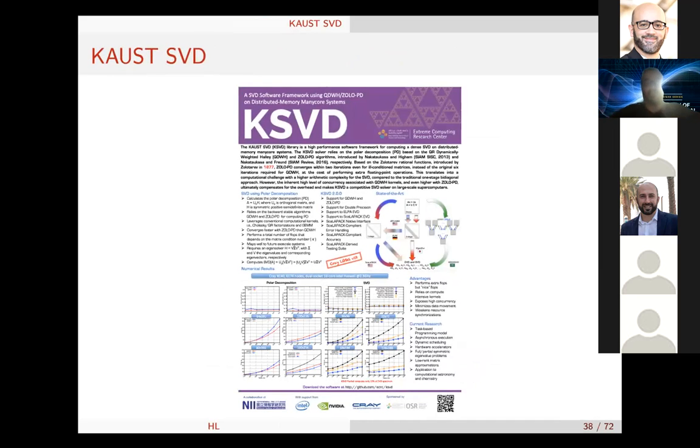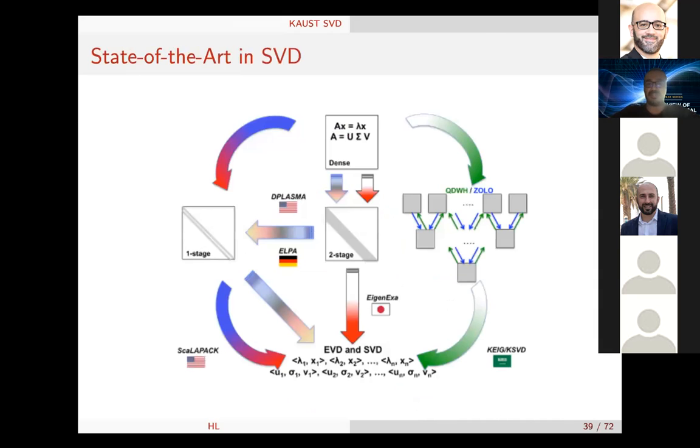Another example, we also implemented KAUST SVD, singular value decomposition. The singular value decomposition is the workhorse algorithm in linear algebra. Okay, it's a very critical algorithm used in machine learning, used in PageRank, used in many applications. And this is the state of the art today.